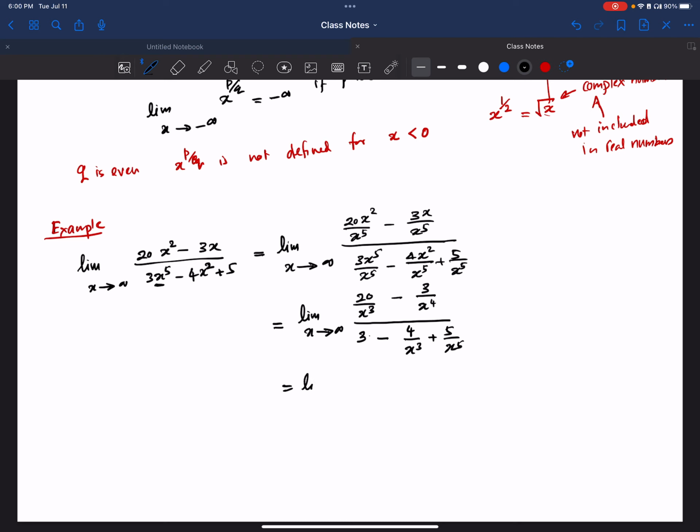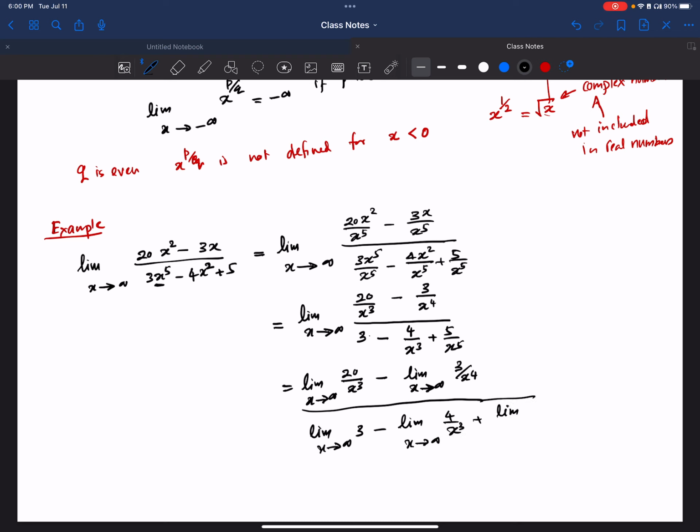We can take the limit as x goes to infinity of 20 over x to the power 3 minus the limit of 3 over x to the power 4, divided by the limit of 3 minus the limit of 4 over x cubed plus the limit of 5 over x to the power 5.